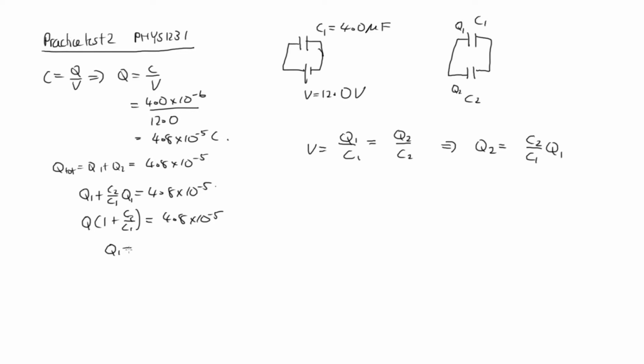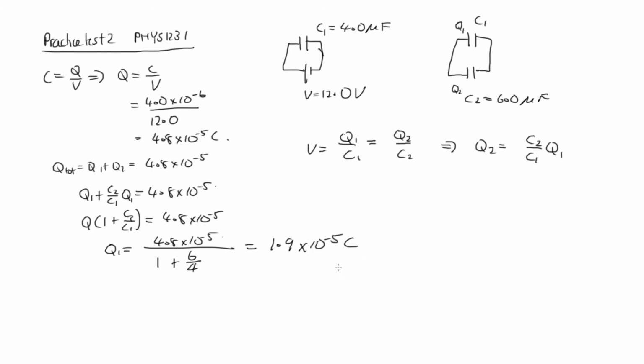So Q1 is equal to 4.8 times 10 to the minus 5 divided by 1 plus C2 on C1. C2, we're told in the question, is 6 microfarads, so we've got plus 6 on 4. We don't need to include the microfarads because it's a ratio here. Solving that, we end up with 1.9 times 10 to the minus 5 coulombs.